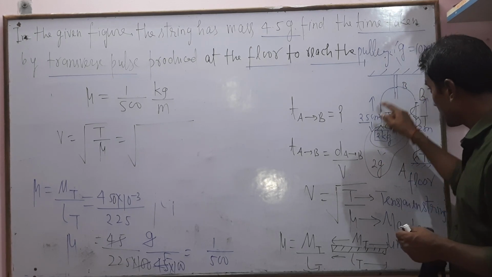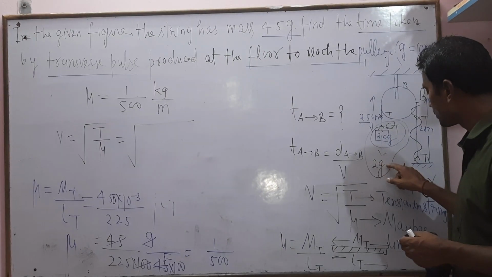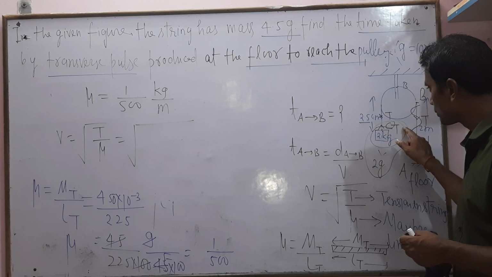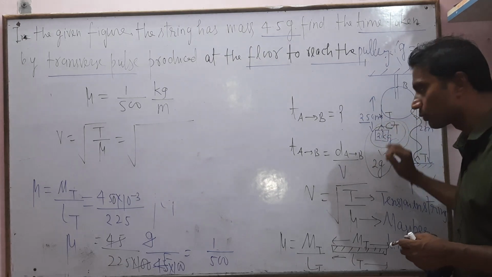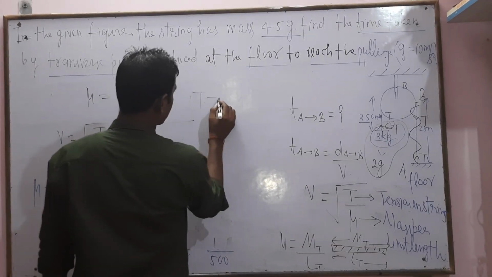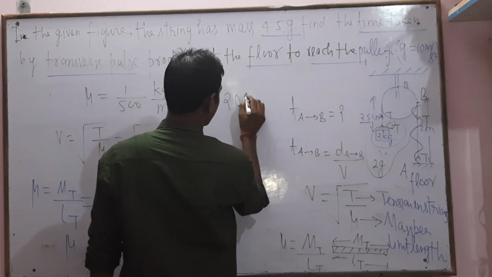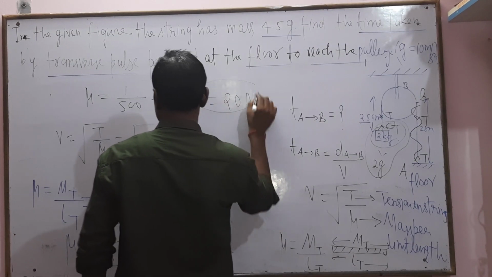But this 2 kg will be at rest, so T minus 2g equal to 2 into 0, balanced force, T equal to 2g. G equal to 10 is the given value, so this is 20 Newton, the tension.